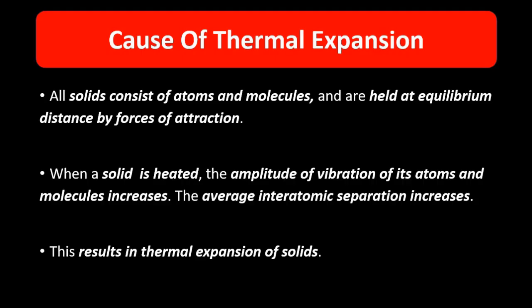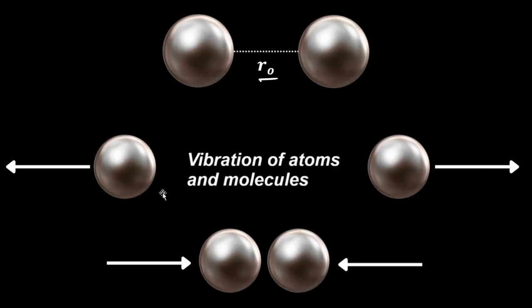So when heat energy is supplied, these kinetic energies increase, and the average interatomic separation also increases. See, this is the natural equilibrium separation, and when it is increased, they start vibrating with much higher energy. Their kinetic energy increases, the vibrational energy increases, and their separation gap also increases.